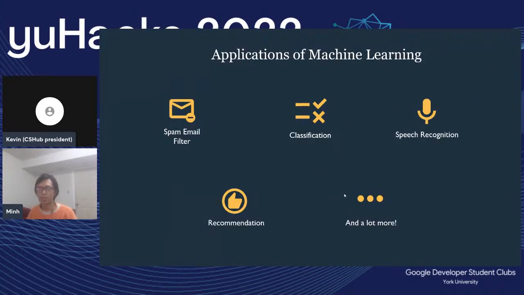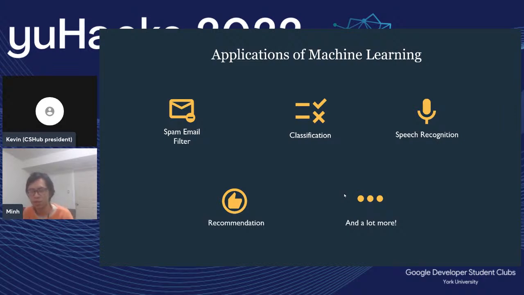Applications of machine learning include the spam email filter that you can see in many mail systems like Gmail. There's classification, which is the task we are doing today, the handwriting recognizer. This is classification, where we train on data to classify into classes.